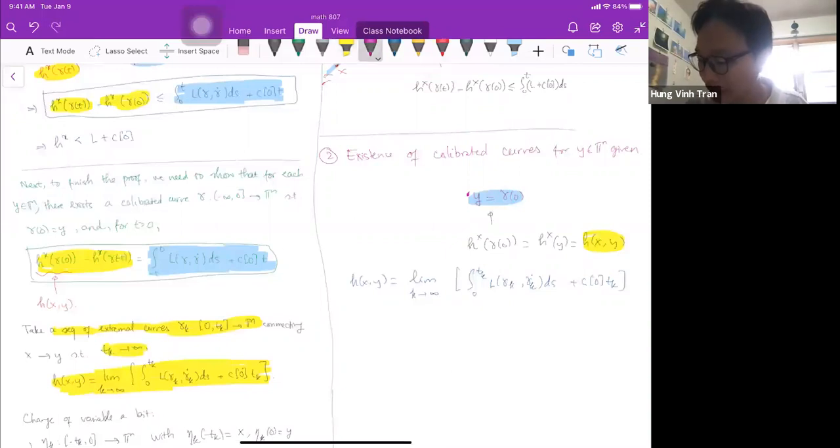So it's clear that we're going to use gamma k to imply the existence of gamma, right? So that's a very natural way, and that's why it's really beautiful.